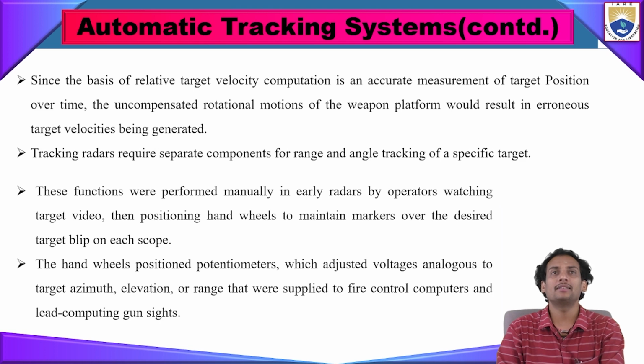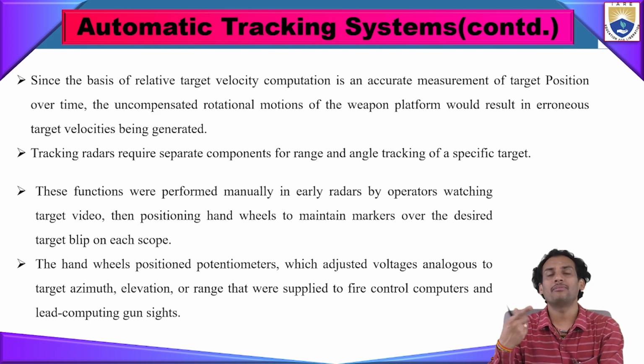Since the basis of relative target velocity computation is an accurate measurement of target position over time, uncompensated rotational motion of a weapon platform would result in erroneous target velocities being generated.